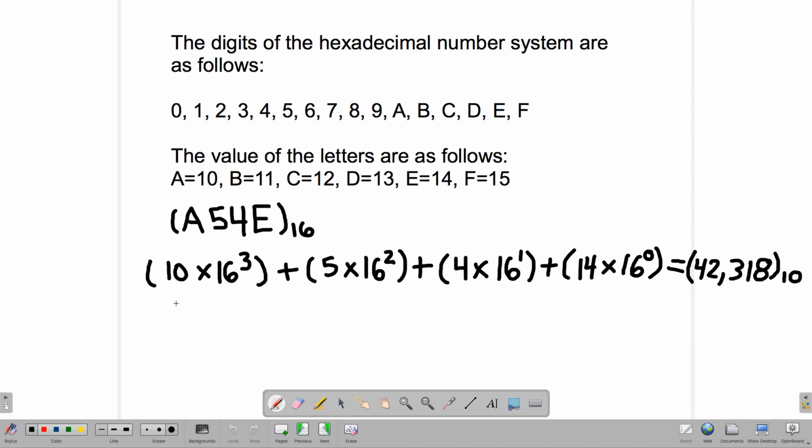For example, it is 10 times 16 to the 3rd power here. We have a value of 40,960. And then the 5 times 16 to the 2nd power, and you multiply that out, that's 1,280.